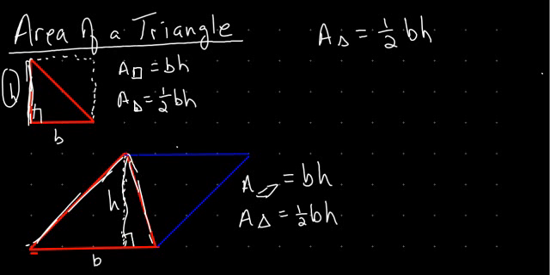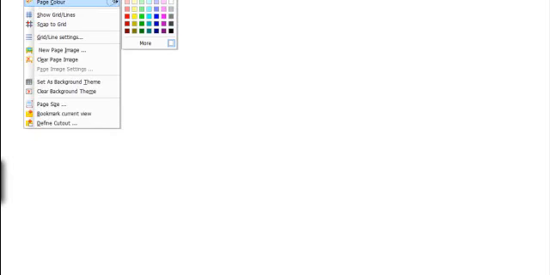Let me add a page here. So let's do one. Let's take a triangle and let's make it clear that it is not a right triangle.